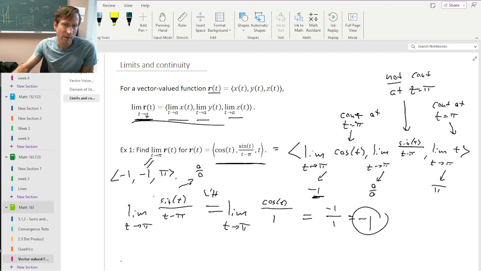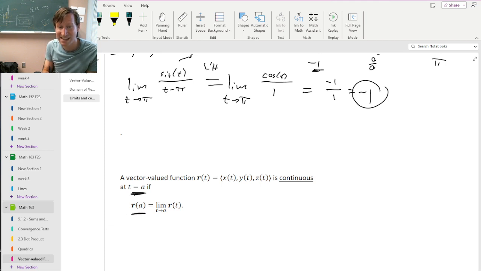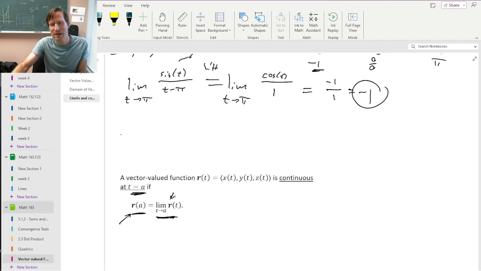Of course, as soon as we introduce the notion of a limit, the notion of continuity comes along with it. A vector-valued function is continuous at some t value a if the value of the vector-valued function at a is equal to the limit of the vector-valued function at a. This is exactly like the definition of continuity for real-valued functions; it's just that our function happens to be vector-valued instead of real-valued.